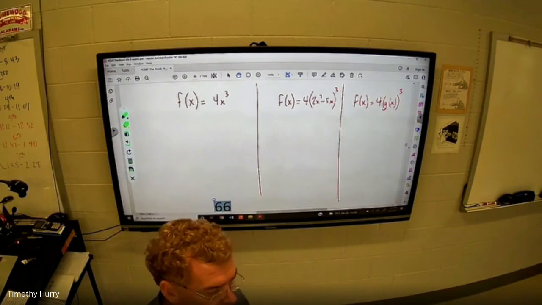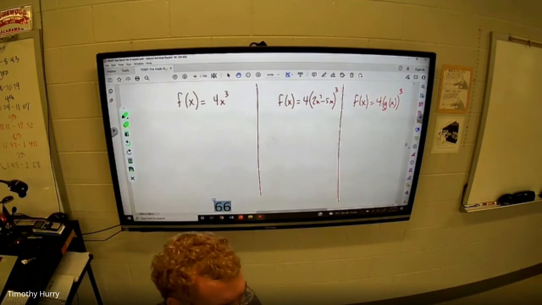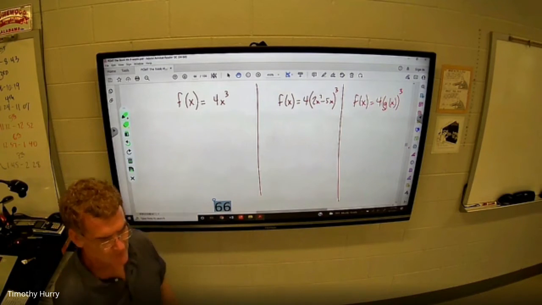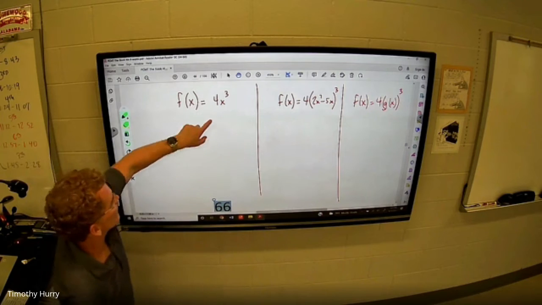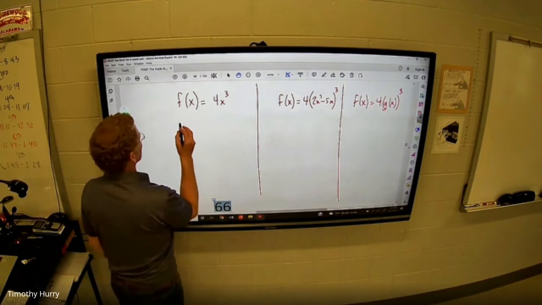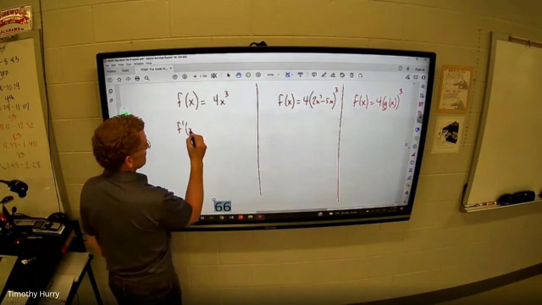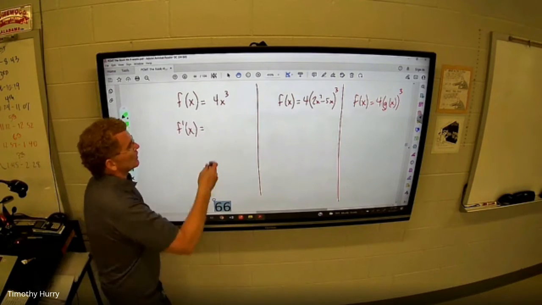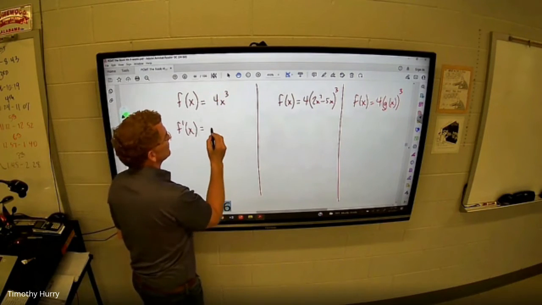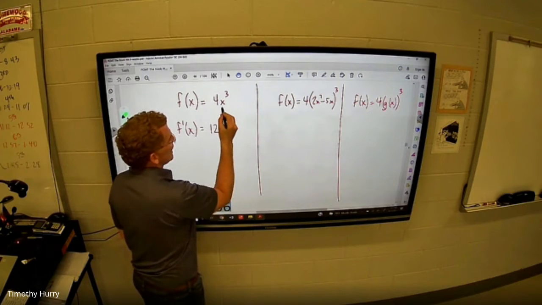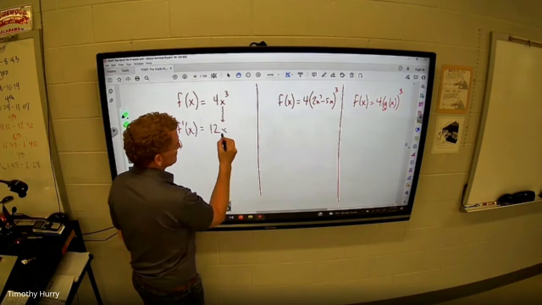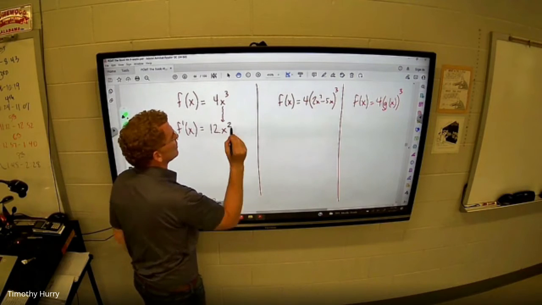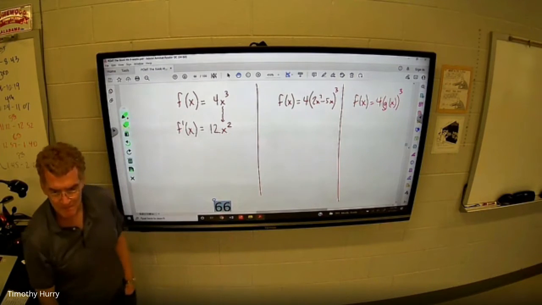You will see in a moment, that's why we didn't even acknowledge that on the work we did prior. Okay? Right here, if I were to ask you to take the derivative of this function, we know that we're going to go 3 times the 4 is 12. Copy the x down, decrease the power by 1, and we would be finished, right?